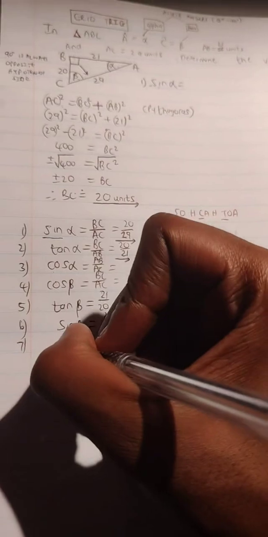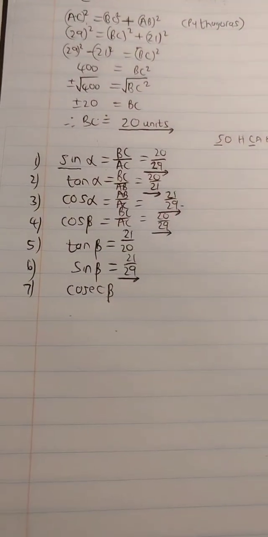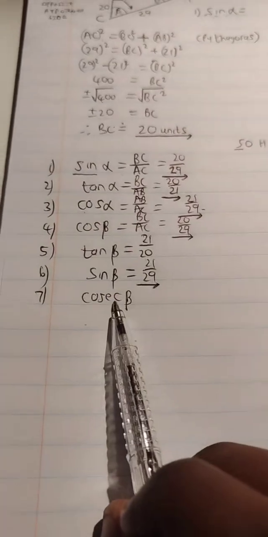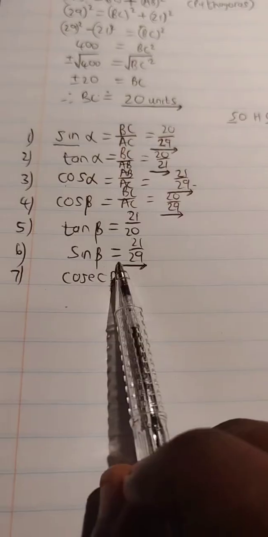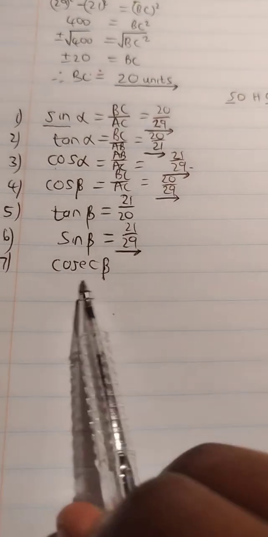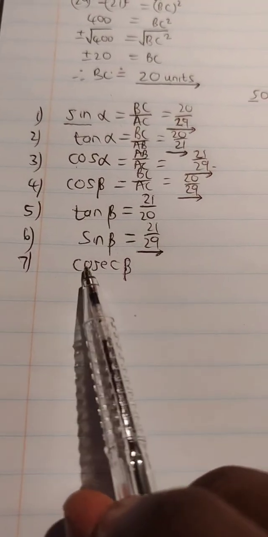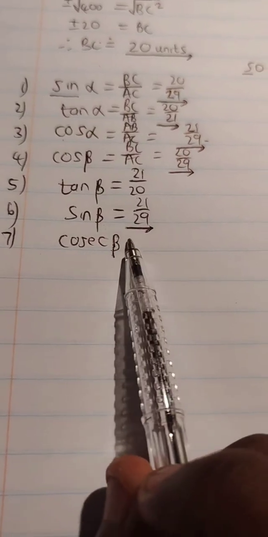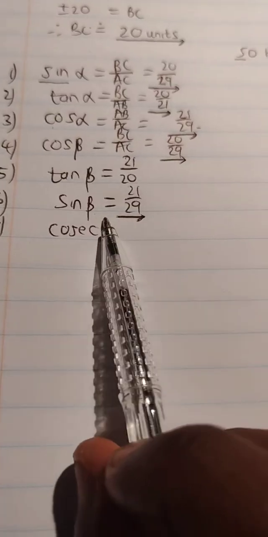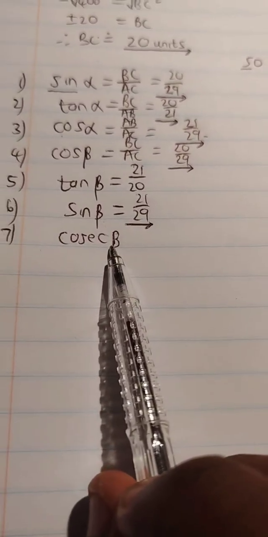Question 7: what is cosec of beta? Now we are stepping into some other territory. First and foremost, we look at the angle beta and ask ourselves, where is the angle beta?